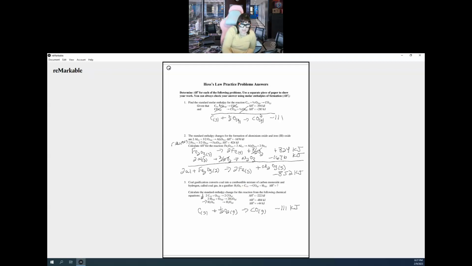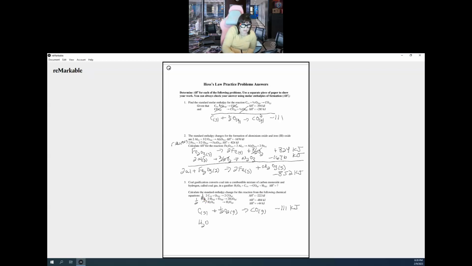Okay, that's awesome. So that'll give me my C solid, and that takes me to CO gas, which I already have. And then I need an H2 gas. Well, the only place I have H2 gas is right here in the second equation. But I need to reverse that, and I need to divide it by 2. So I'm going to do both of them.